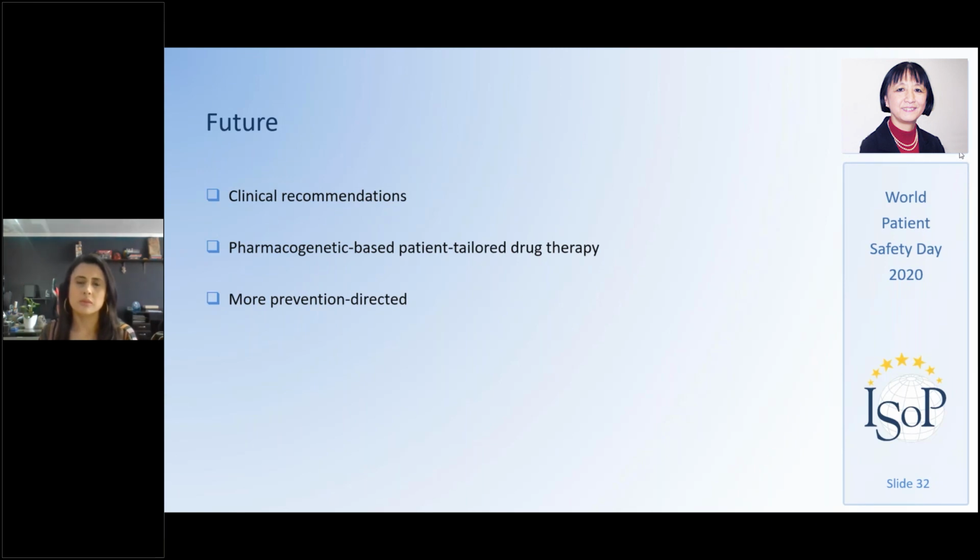This is a good way of performing research, because serious adverse drug reactions are usually rare and you will need international collaboration. And I think the ISoP special interest group may facilitate this. Thank you for asking.